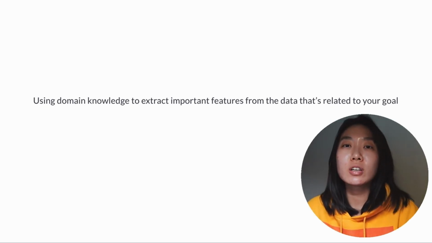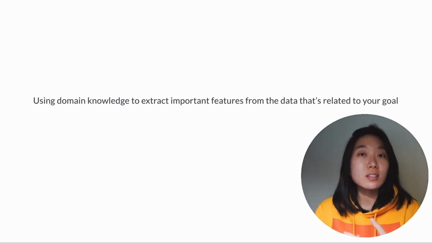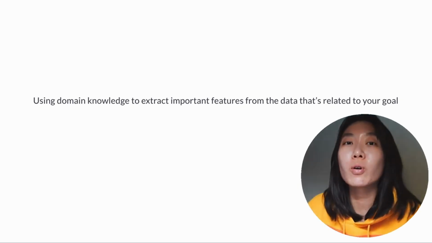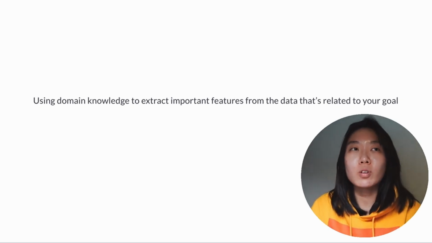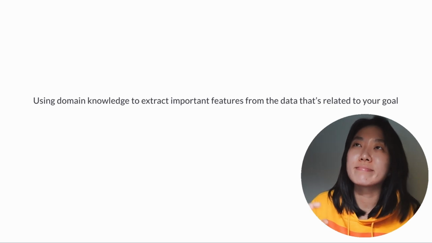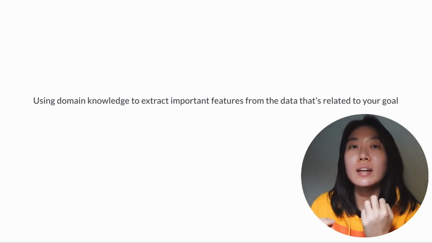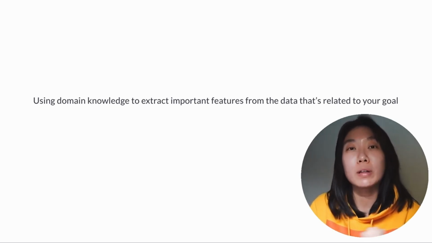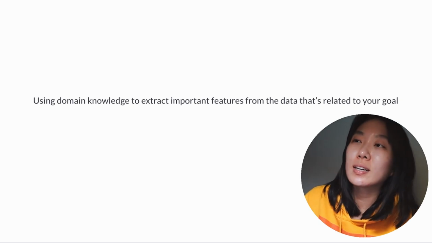Feature engineering is all about, according to your goal, extracting the necessary and related information from the data, using your business goal to understand what data you need to train and what data you need to analyze to match your business goal. Yep, so that's the basic idea.